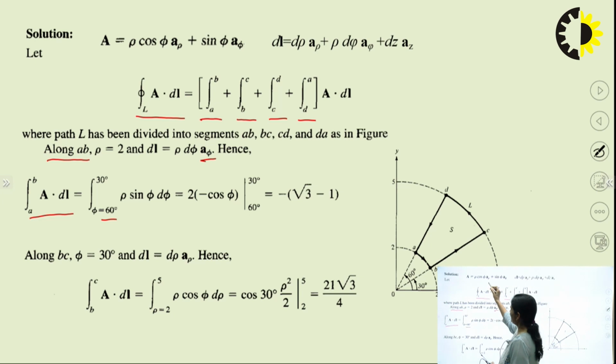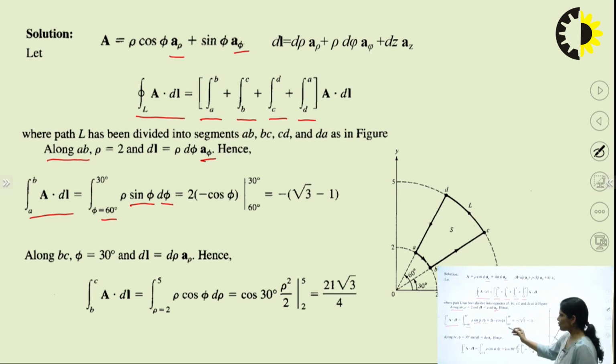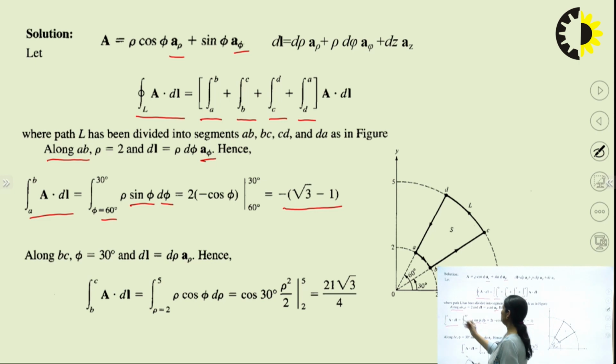Here you can see for unit vector of phi, that is equal to sin phi. So put here the value of rho. Now rho sin phi d phi. Now solve it by using integration, and your limits start from 60 degree to 30 degree. So you will get this value. Now this is the line integral of A to B.